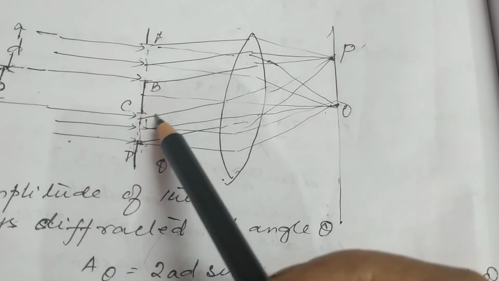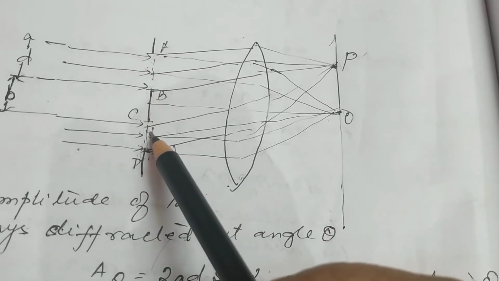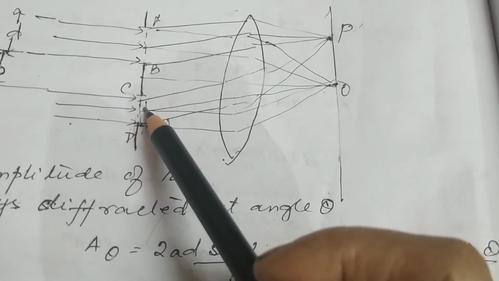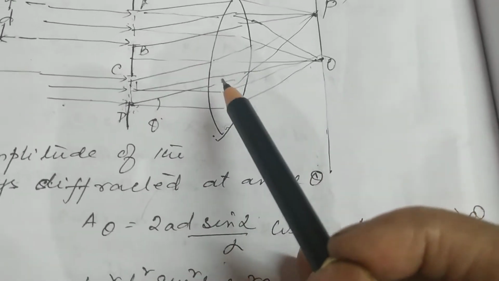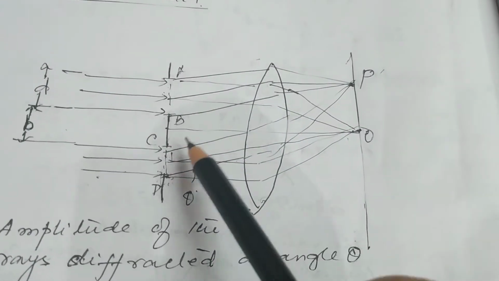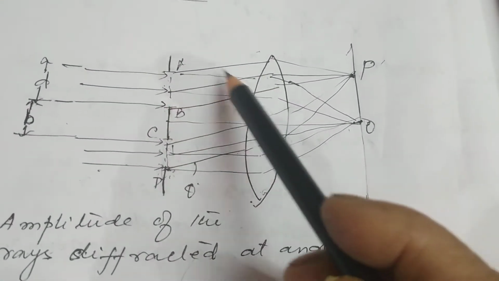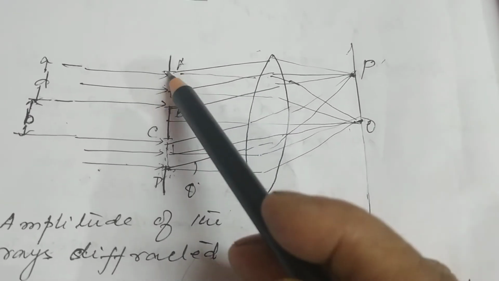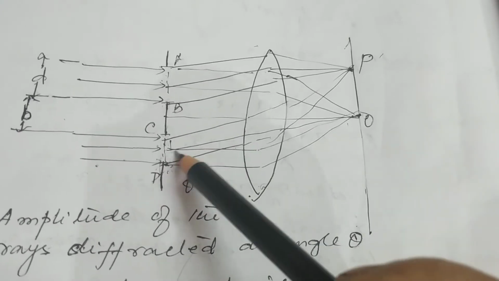Rays from the same wavefront are superposing, and rays from the two different wavefronts are also superposing. So here diffraction and interference are both taking place, as per their definitions. If we consider these three rays, they are from the same wavefront, and these three rays are from the different wavefront.